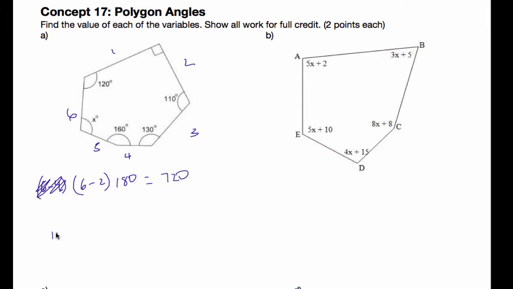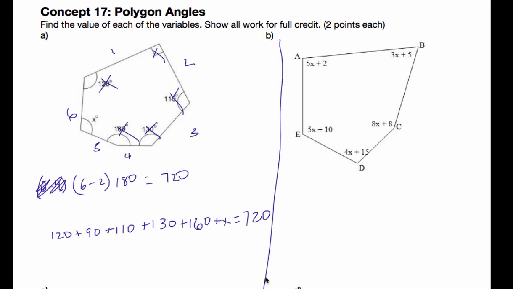So I've got 120 plus 90. So I use this one, plus 110, plus 130, plus 160, plus x equals 720. Okay, and from there you can fill in those steps. We'll solve the algebra equation and find x, and that's going to be our angle here.